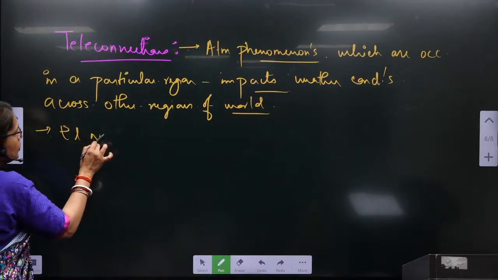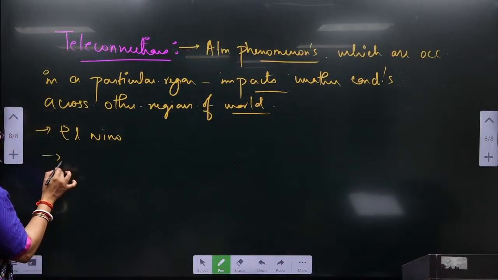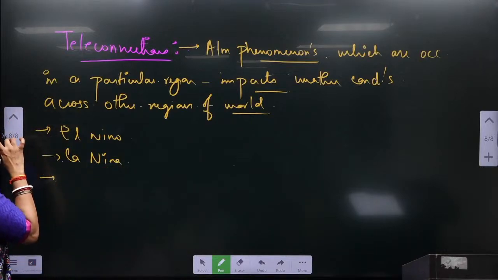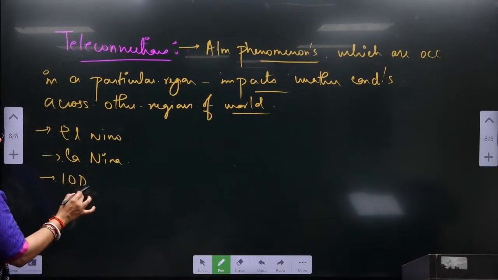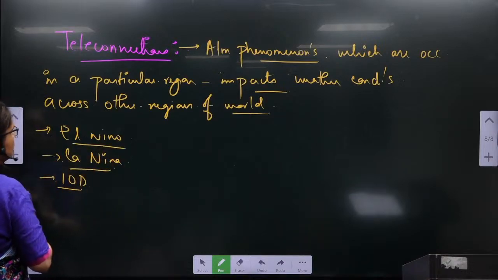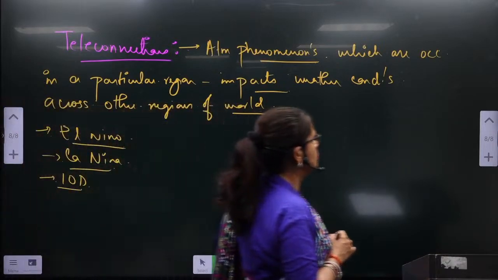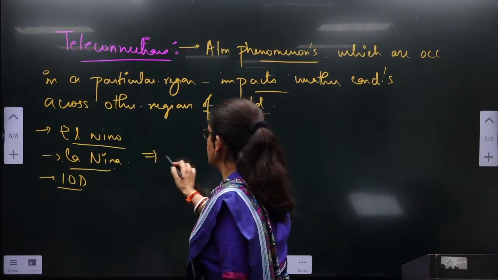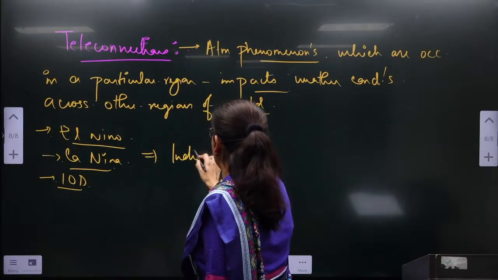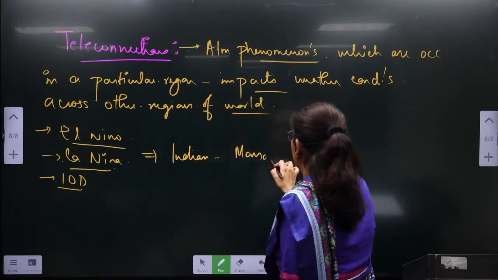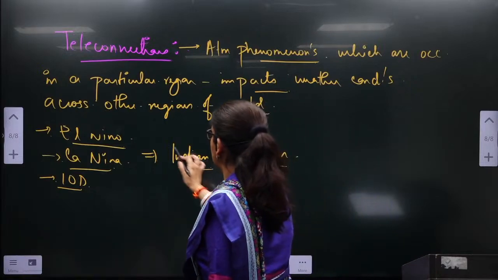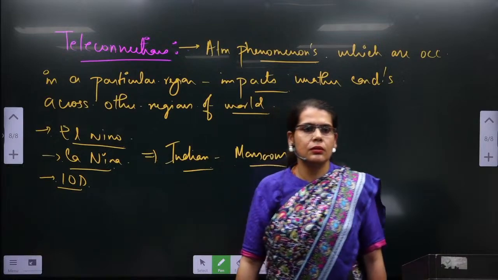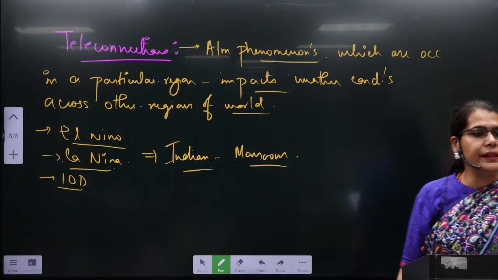Like El Nino, La Nina, IOD, etc. having an impact on the Indian monsoons. So these are examples of teleconnections.